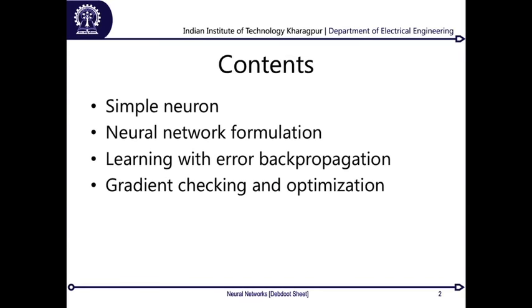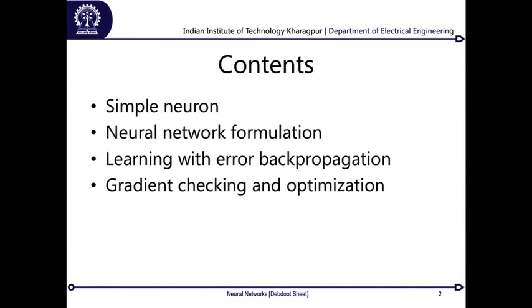This talk is organized as follows. I'm going to speak about what a neuron model is, so mathematically how you define a neuron. From there I will move on to what a neural network is and what the neural network formulation looks like, and then proceed to a very standard learning algorithm called error backpropagation, which is as of now one of the most commonly used.